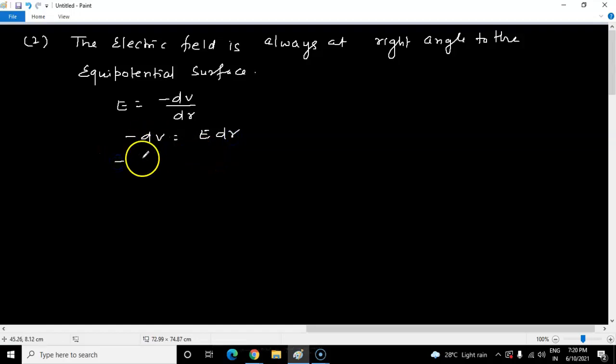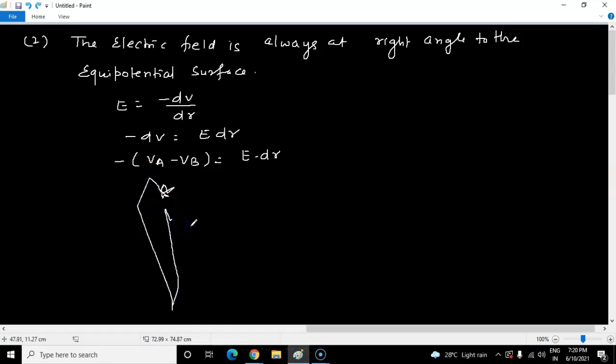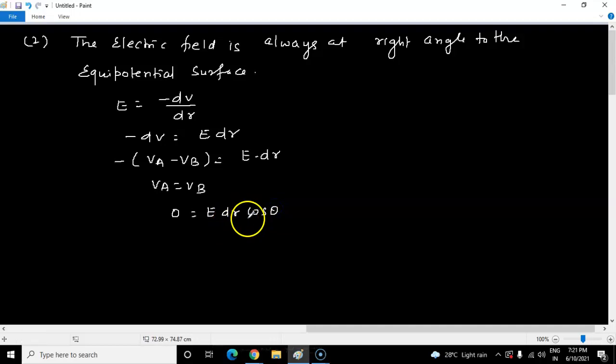Here minus dV is the change in potential. Since VA is equal to VB, the left-hand side is 0, which equals E dr cos theta, the dot product.